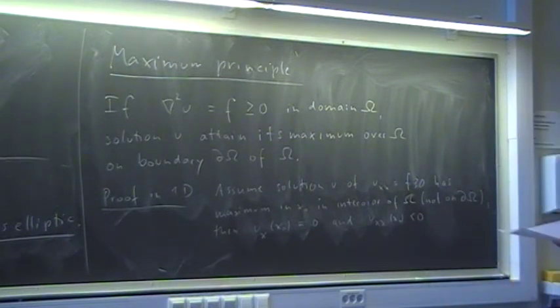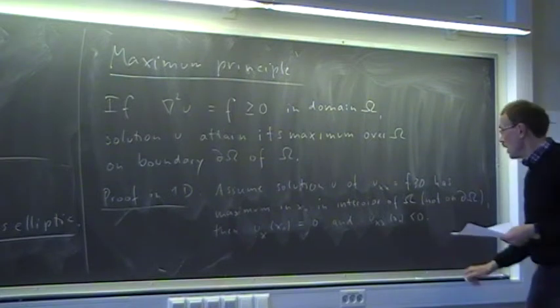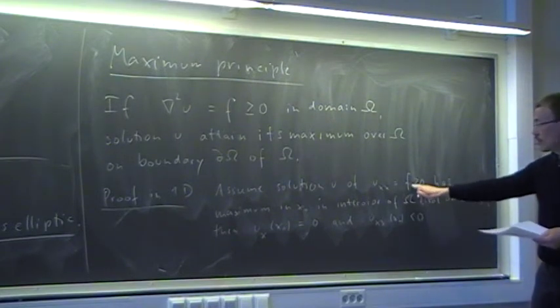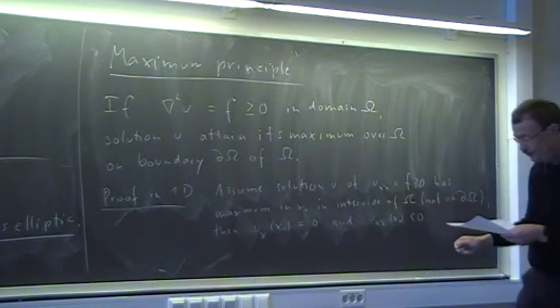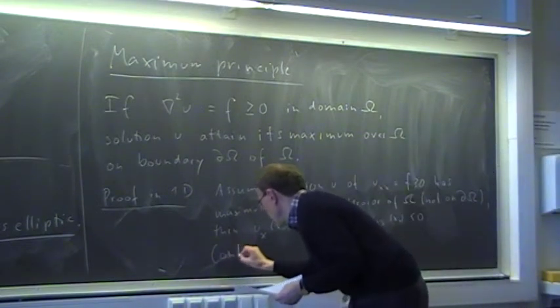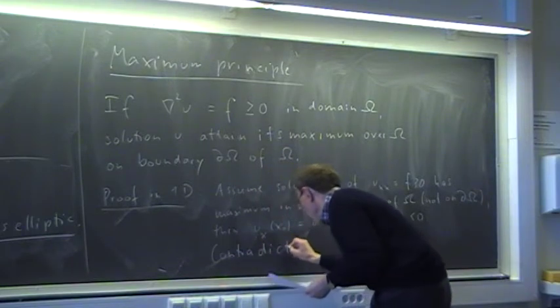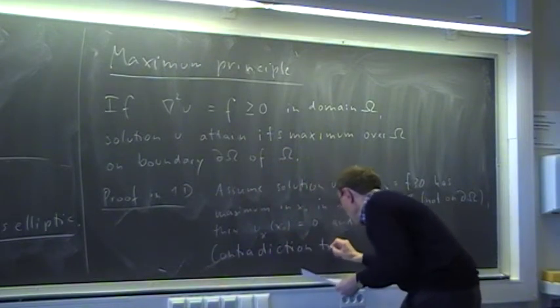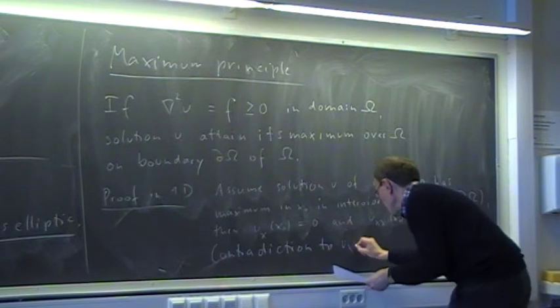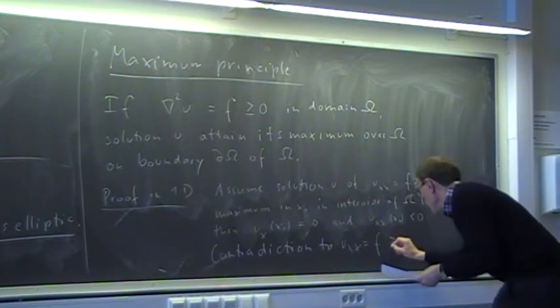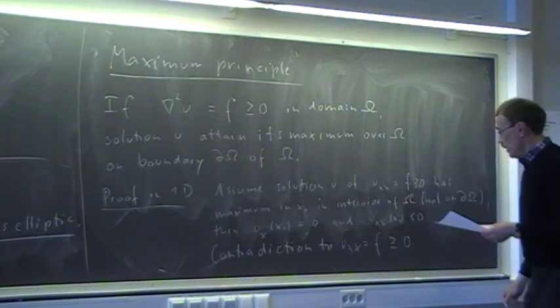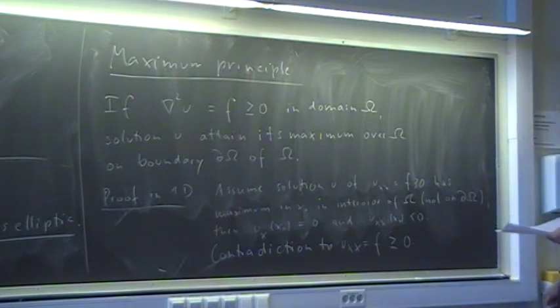But this is a contradiction to our assumption that the right-hand side is greater or equal 0, u_xx equal f greater than 0. So we have shown, at least for 1D, that the maximum in this situation must be attained on the boundary.